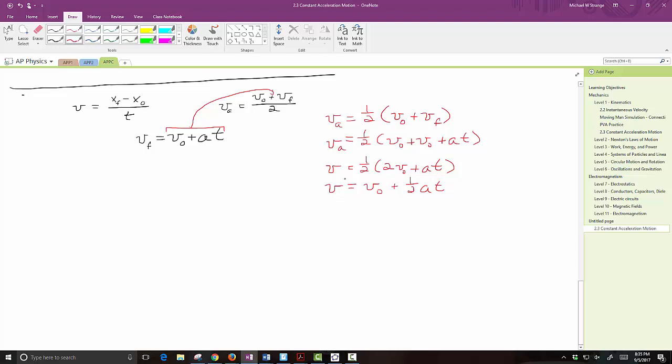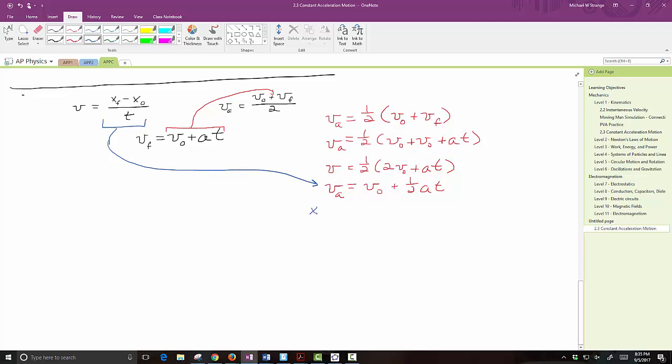So now we can use it. So this is my average velocity. I am going to use it. So now we're going to take this one, and since we need to change velocity into position, that's going to go in right here, and then we can do some stuff with it.